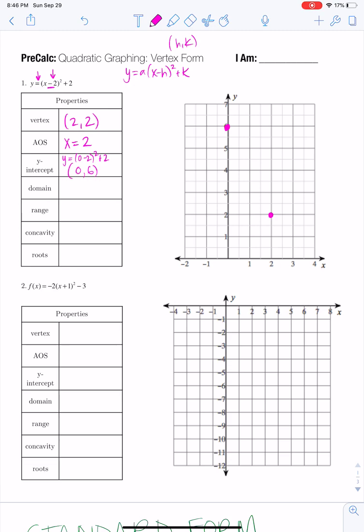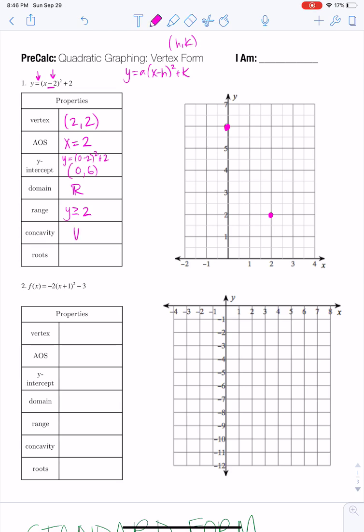Since this is a quadratic, my domain will be all real numbers, and my range is y values that are greater than or equal to 2. Since this is where my vertex is, I know that my values will exist from there and above.